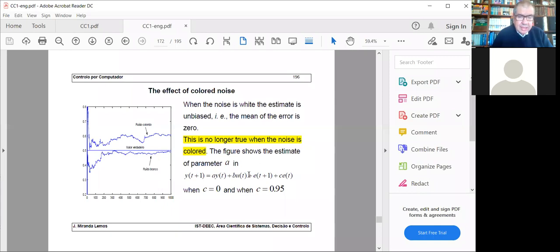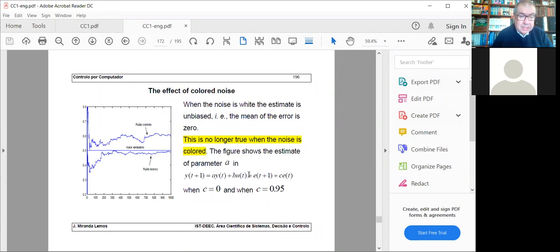Now, let's look at another thing, which is the effect of colored noise. We know that our linear regression model includes noise. And I told you several times that least squares works correctly, produces correct results, in the presence of white noise.